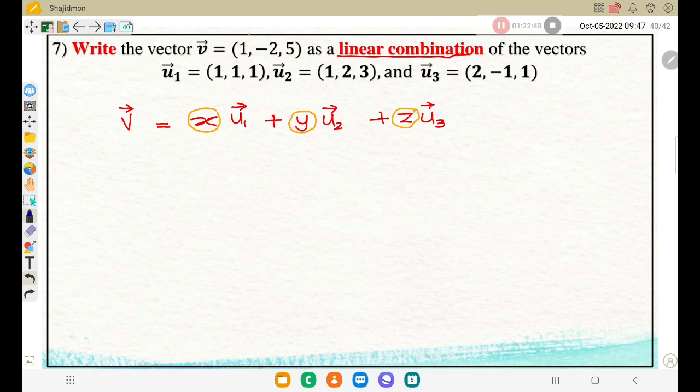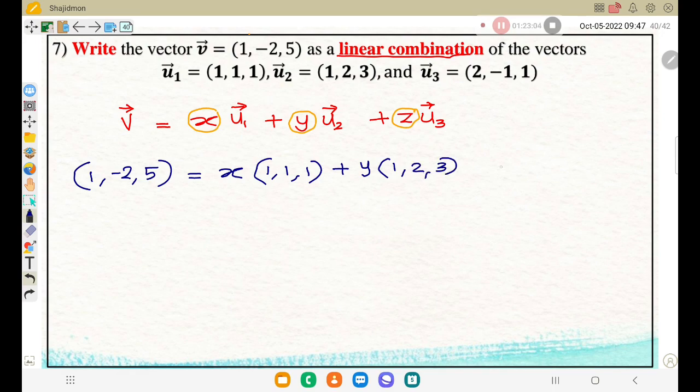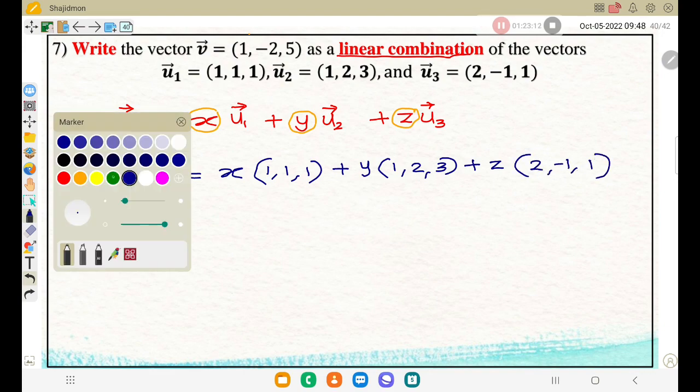First apply the vector v value. What is vector v? (1, minus 2, 5) equals x multiply u1 vector (1, 1, 1) plus y multiply u2 vector (1, 2, 3) plus z multiply u3 (2, minus 1, 1). Correct? Just apply there.